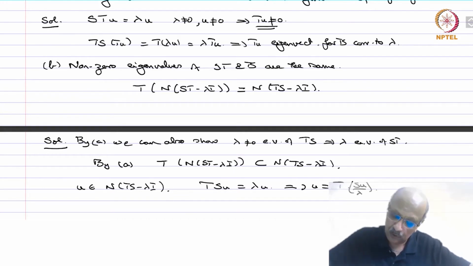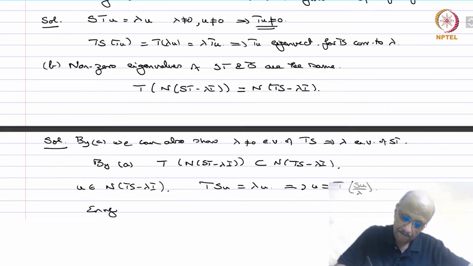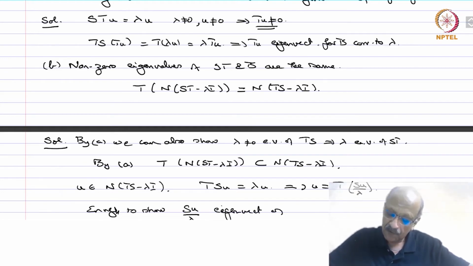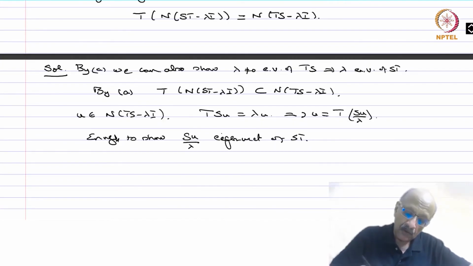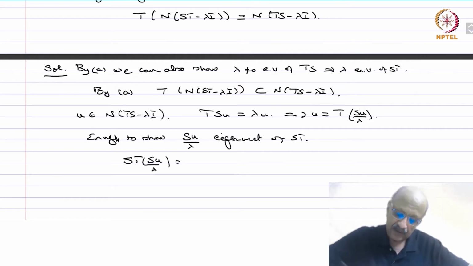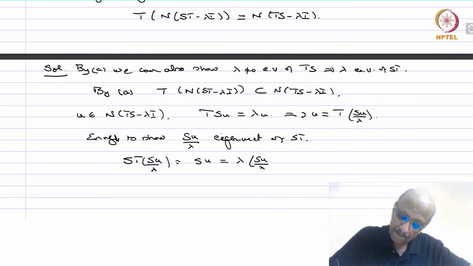So it is enough to show that Su by lambda is an eigenvector of ST. So we just have to show that ST of Su by lambda is equal to S of TSu, which is lambda u. So lambda u by lambda gives u again, which is lambda times Su by lambda. Okay, and that completes the proof.